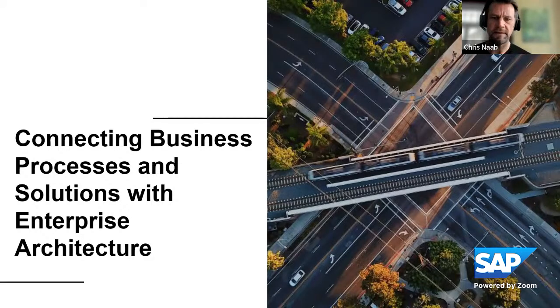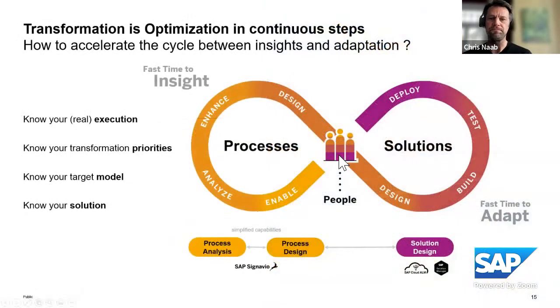Okay, so let's dig a little bit deeper in how we connect business processes and solutions with enterprise architecture in mind. So transformation is really all about optimization, and it's mostly in continuous steps rather than in radical revolutionary measures.